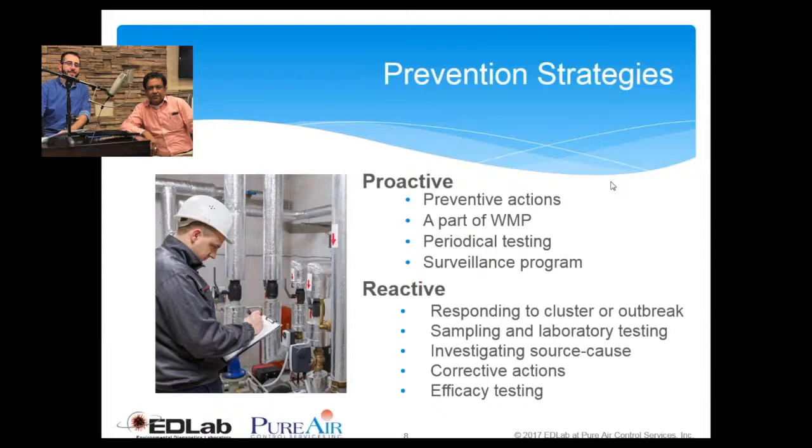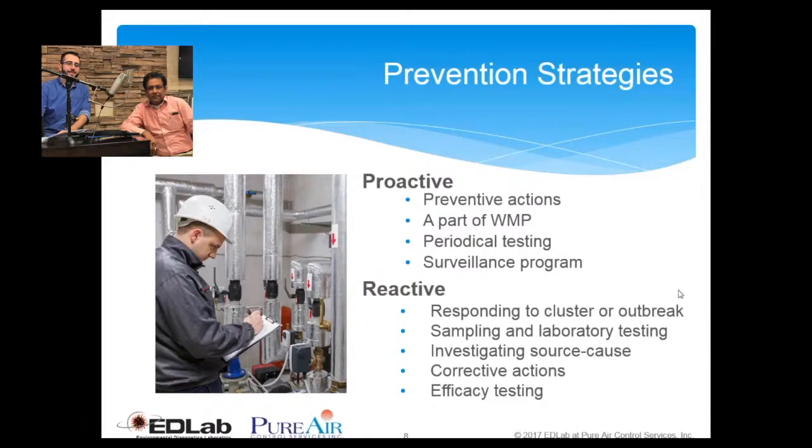Sampling and laboratory testing, investigating source-cause relationship, and appropriate corrective action. And last but not least is the efficacy of the entire program, efficacy of the testing regarding preventing the Legionella. So this is the whole part about the prevention strategy.